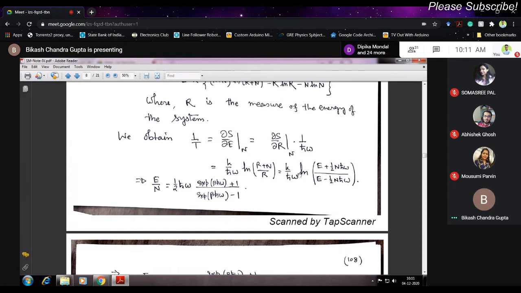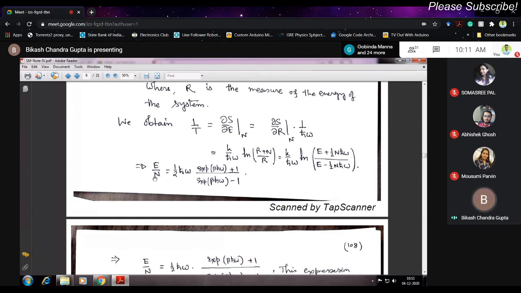Okay, all right. So this is ln of E plus this by this, and E by n equals E by n. If you take this, then it will be the exponential of h cut omega by kT, that is beta h cut omega. So ln of this equals h cut omega by kT, that is beta h cut omega, and therefore E plus this by this is e to the power beta h cut omega.